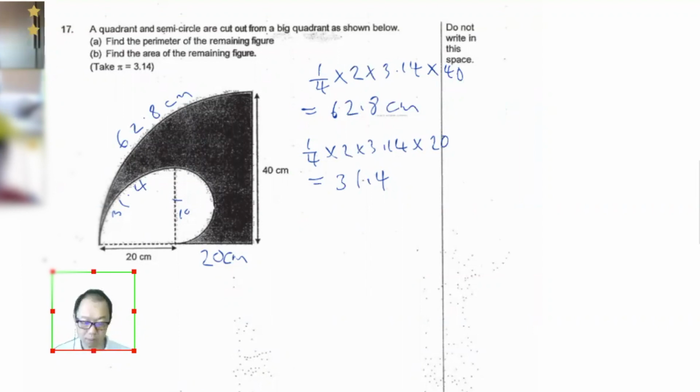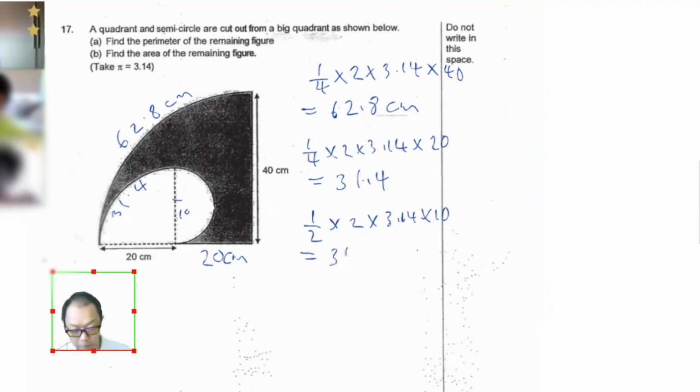So it's half times 2 times pi times 10. Let's find the semicircle. So 3.14 times 10. 31.4. Okay, so this semicircle, it's 31.4.